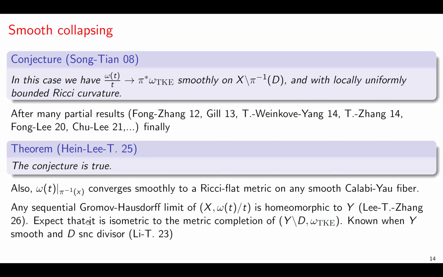What we really would like to prove is that it's also isometric to the metric completion of this twisted Kähler-Einstein metric. So finally, it would be a canonical, this twisted canonical metric on the base, completed. This is known in the log smooth case, when the base of the Iitaka fibration is smooth and the discriminant locus is a simple normal crossing divisor. Then I did prove this with Yang Li a few years ago. But in general, this is still open.